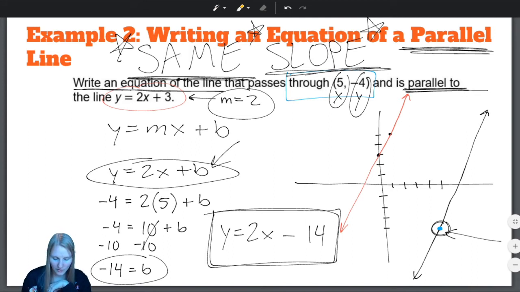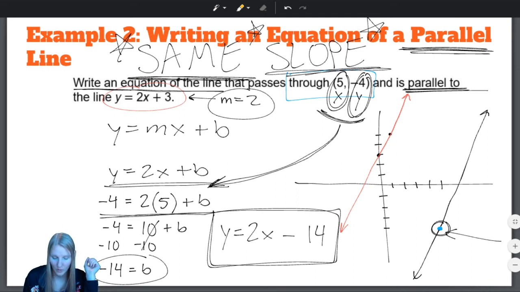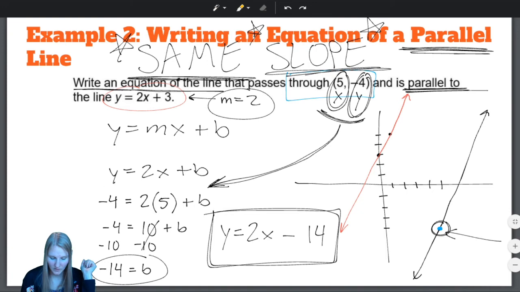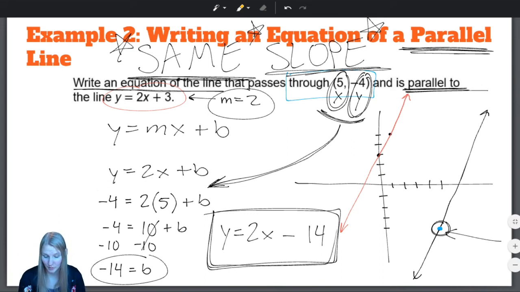And in order to find out what b was, we needed to plug in the point 5, negative 4. X is 5, y is negative 4, and we plugged those numbers into our y equals 2x plus b. And then we could use that to solve for b. Once we had b, we just put it in with our m. Y equals 2x minus 14.